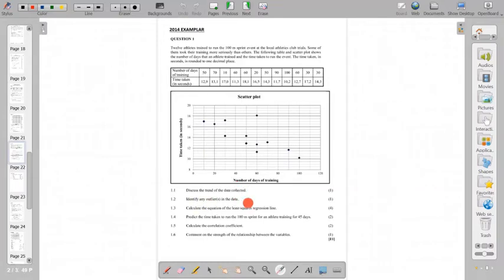And identifying an outlier. We know it is whatever dot is above or away from the others, because it can be below somewhere here, or it can be above somewhere there. And as you see, this dot here will be the answer. Which day is it? 60 and 18.1. Yeah, this is the one.